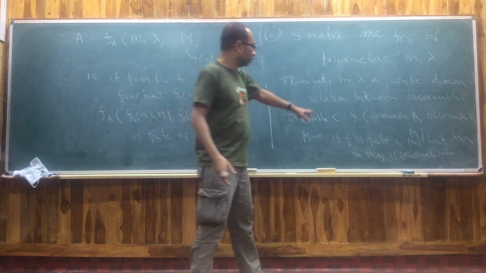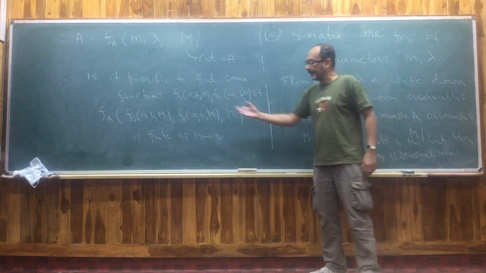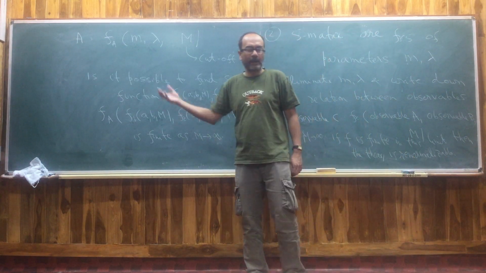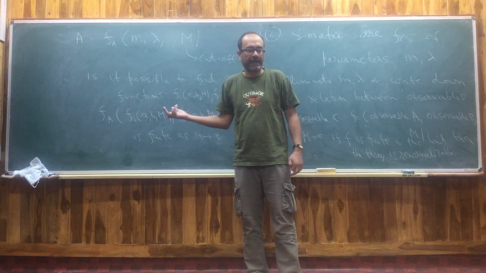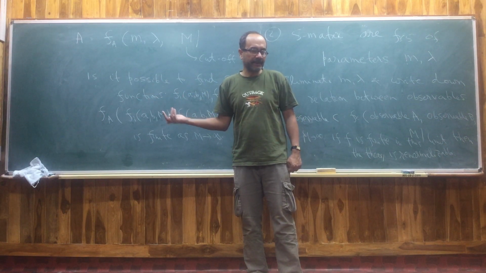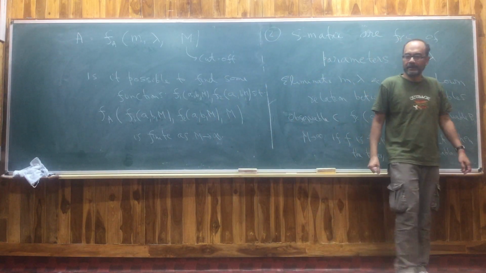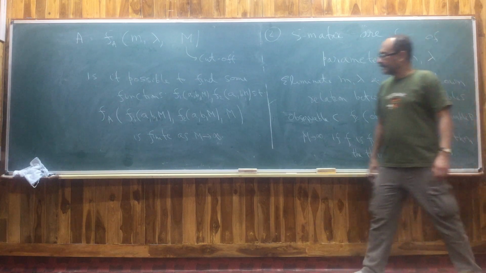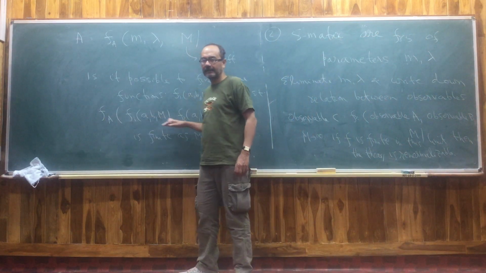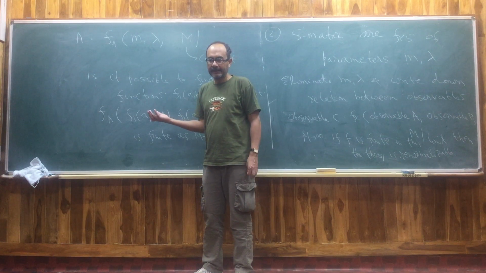Now, if you want to do this, you just have to eliminate a and b. Take two S matrix elements which are given as functions of a and b. They are finite functions. Just eliminate a and b, and then you can express a third observable in terms of the two other observables. But if these functions are finite to begin with, then this elimination process is not going to give you any new divergence, right?